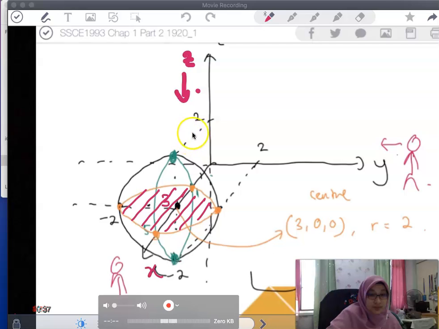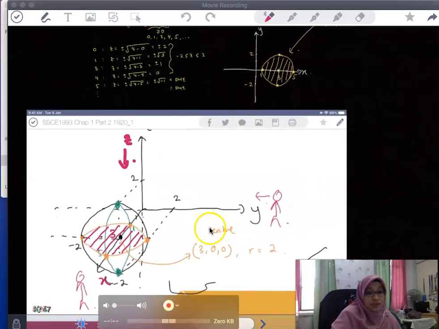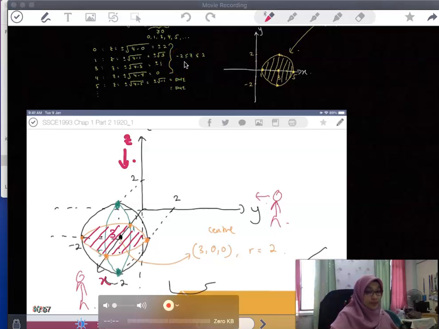The highest z is located at 2, and the smallest z is lying at -2. I hope that you can see the relationship between the graph in 3D and their range and also domain. So that is for the second sphere.